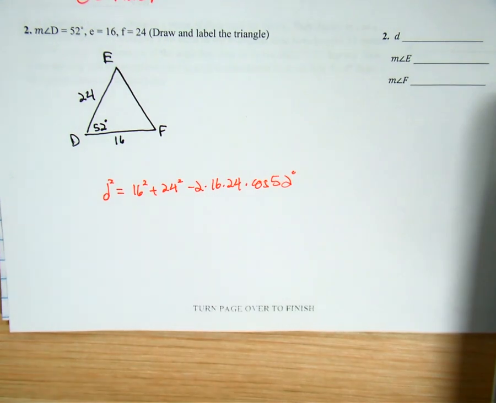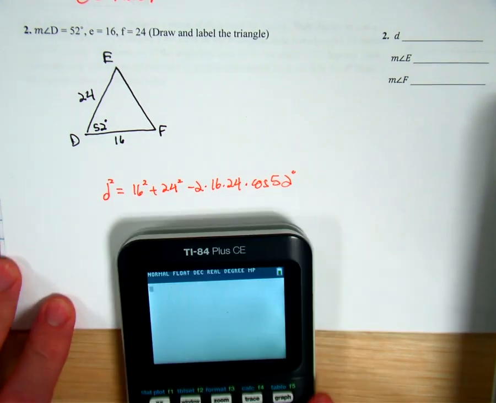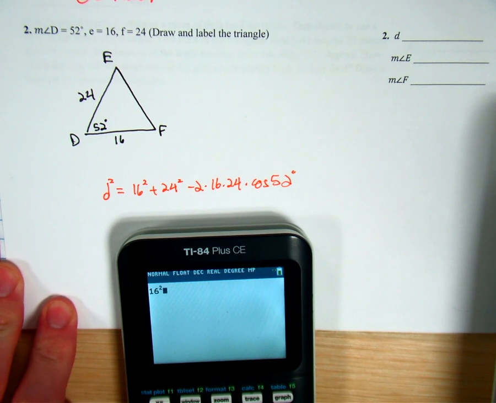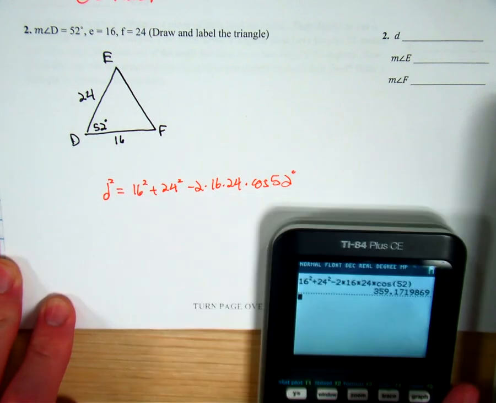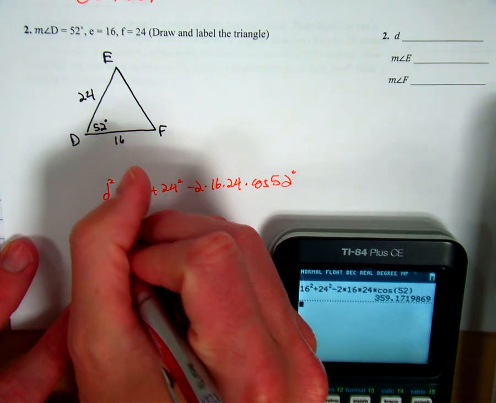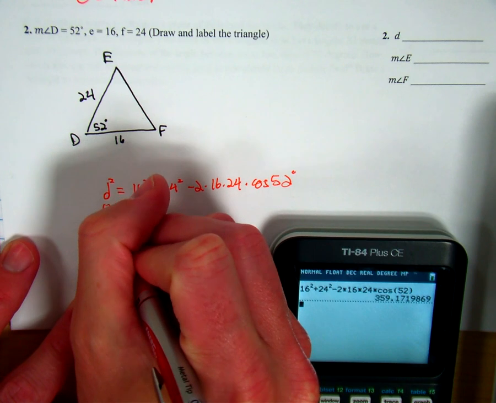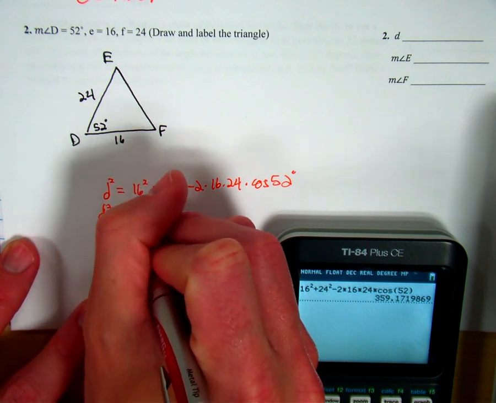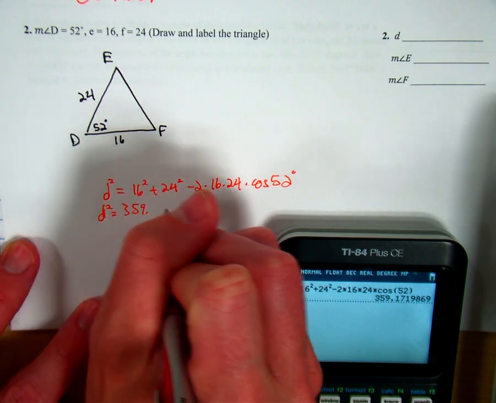Okay, we get to just type that straight down into the calculator. 16 squared plus 24 squared minus 2 times 16 times 24 times cosine of 52. Okay, I'm going to round it when I write it on my paper, I'm not going to round it or clear it off the calculator. 359.17.